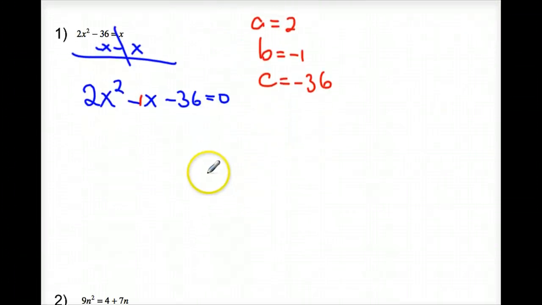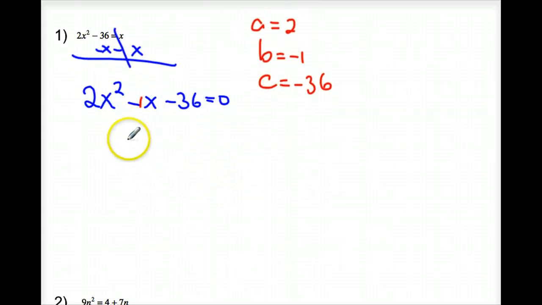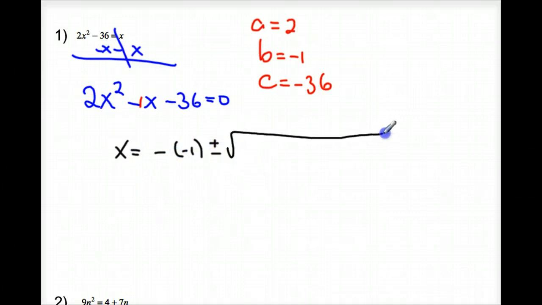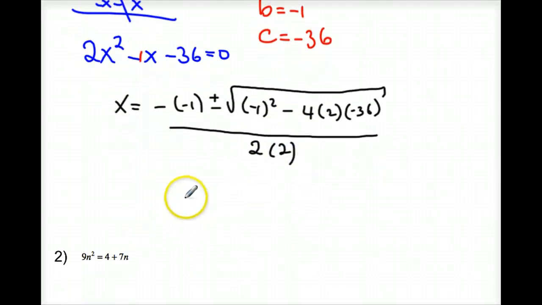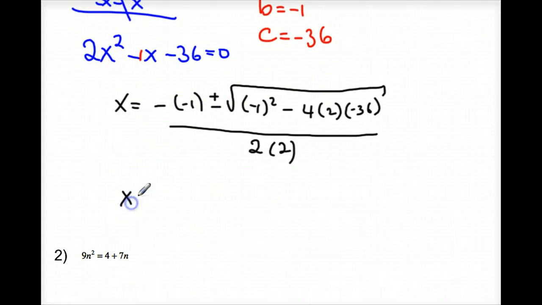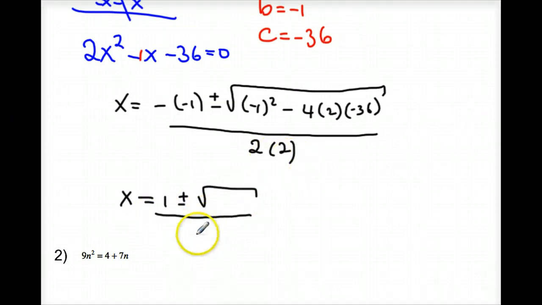So what I want to do is plug this into my formula. x is equal to minus b plus or minus the square root of b squared minus 4ac, all of this over 2 times 2. So, just like we've been doing, x is equal to 1 plus or minus the square root of something over 2 times 2, which is 4.